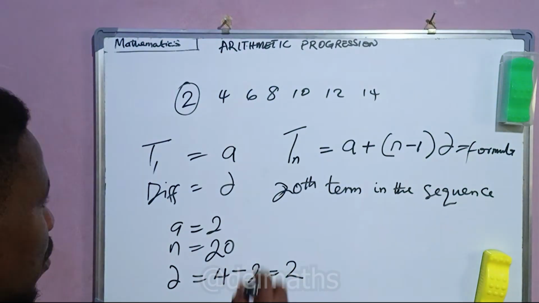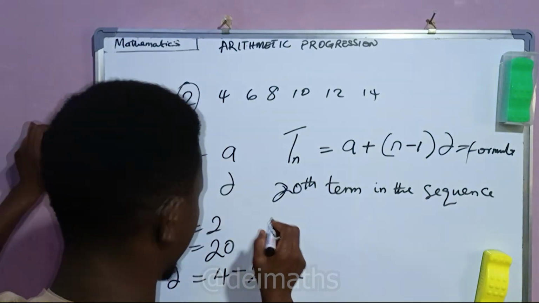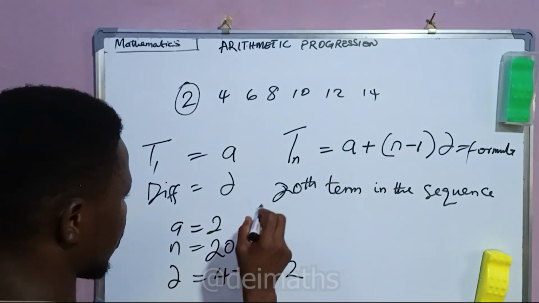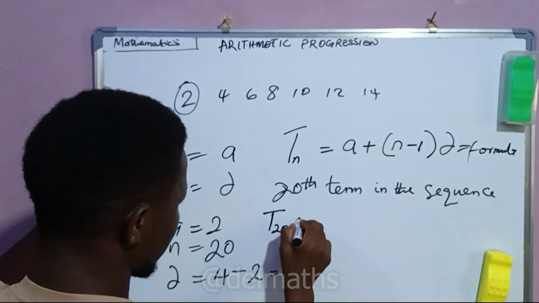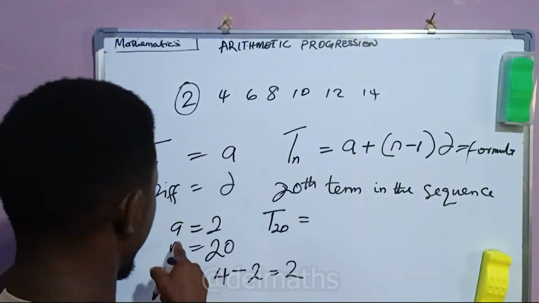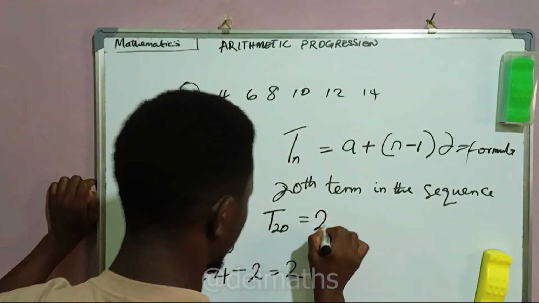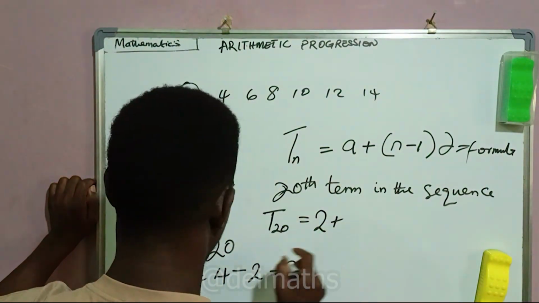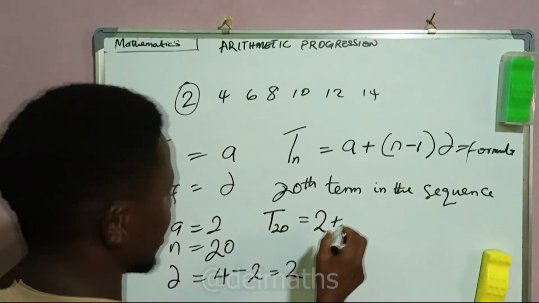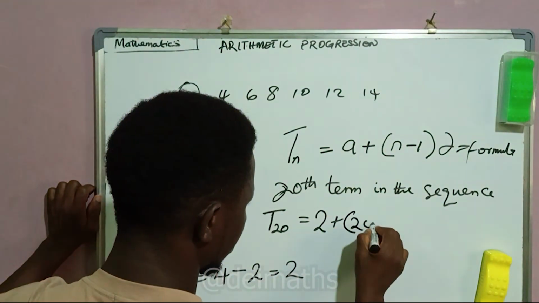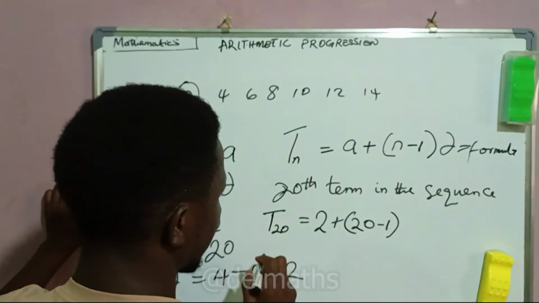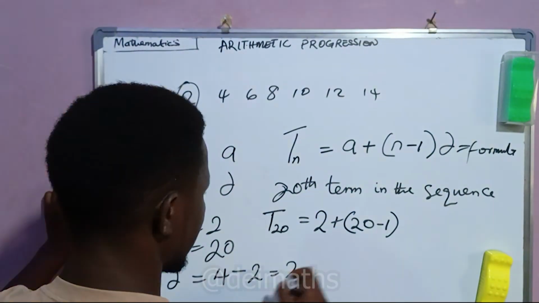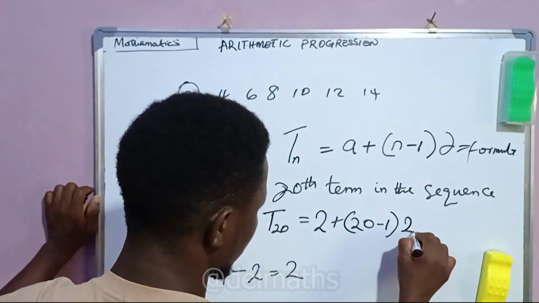What do we do again? We bring down our formula. Now we are talking about T20 is equal to, our A is 2, plus our n is 20 minus 1, our D is 2.